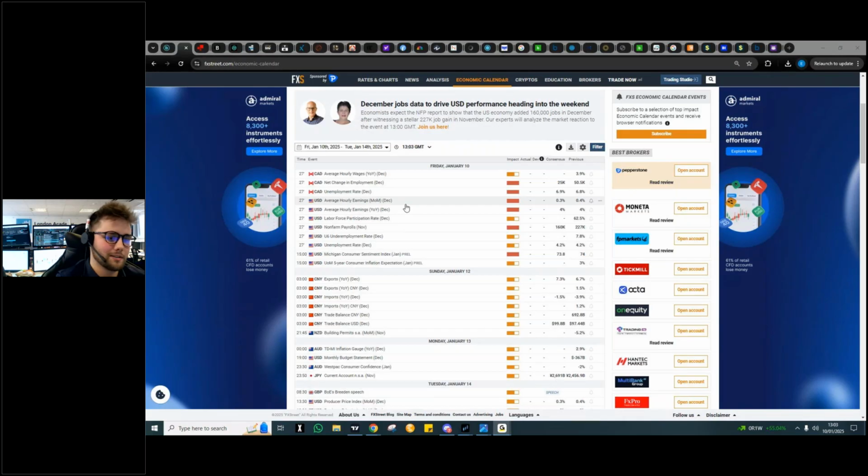They would skew data through certain parts of the year. And then we also have unemployment. So what is the percentage of unemployment in the US? So all three of these data are going to come out to provide us an idea of the current conditions of the labor market in the US. So some very important data and very big data, especially for the Fed when it comes to their decision making.